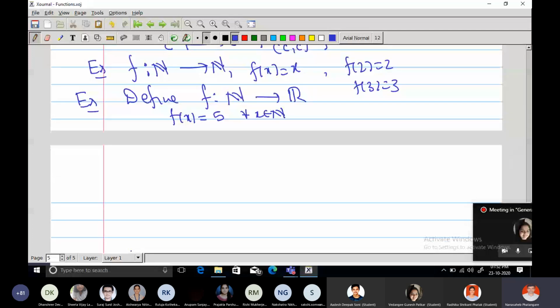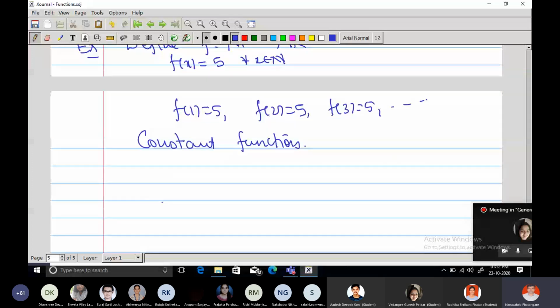That means f of 1 is 5 because every x has the same image 5. So f of 2 is 5, f of 3 is 5, and so on. You vary elements in the domain, and every time you get the same image. So this is called a constant function.